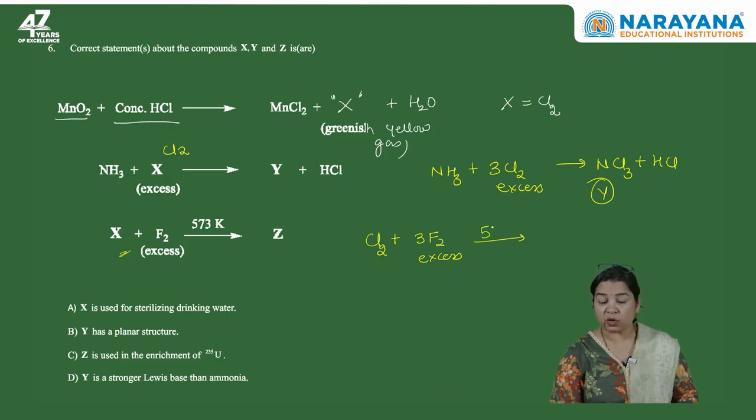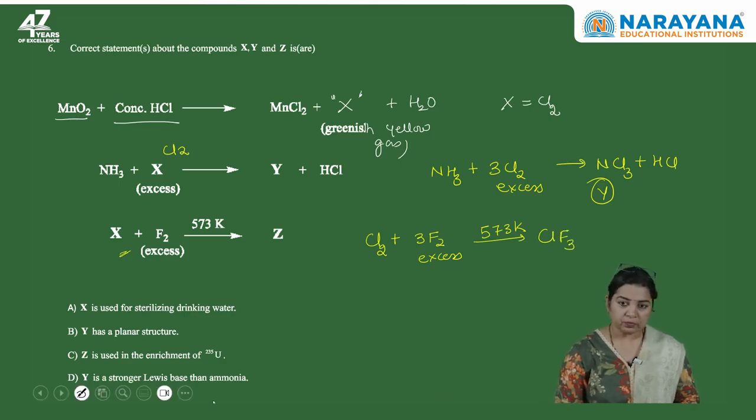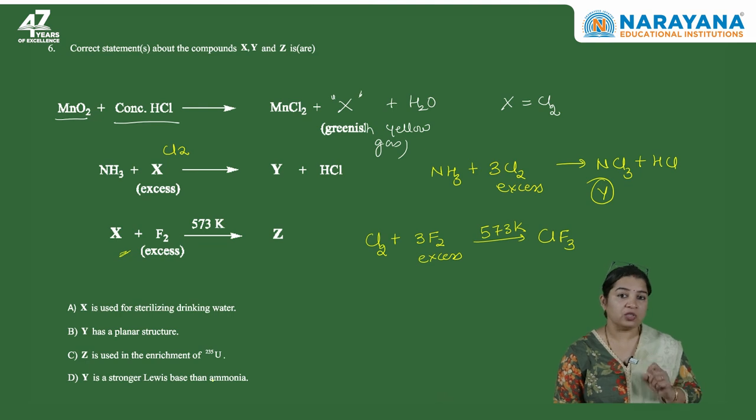Temperatures are also important, 573 Kelvin. Then the product formed is ClF3. Okay, this information is mentioned directly in NCERT in the P block halogen chapter or halogen group. These two reactions are given there.